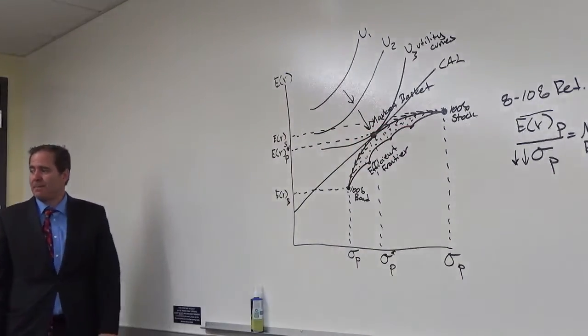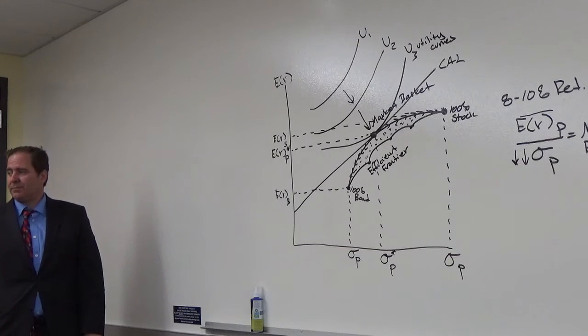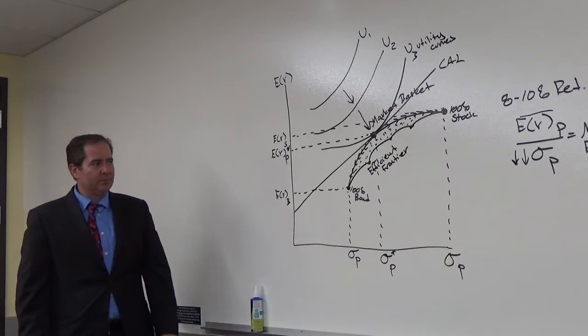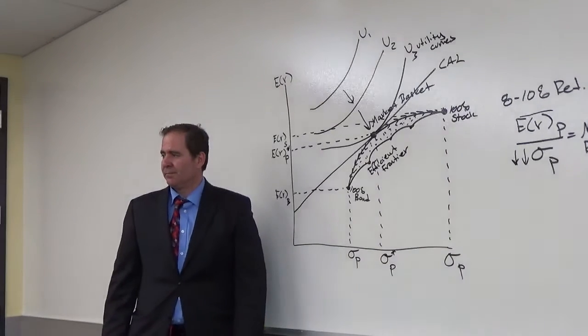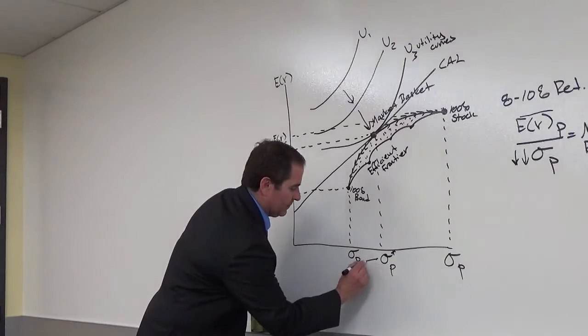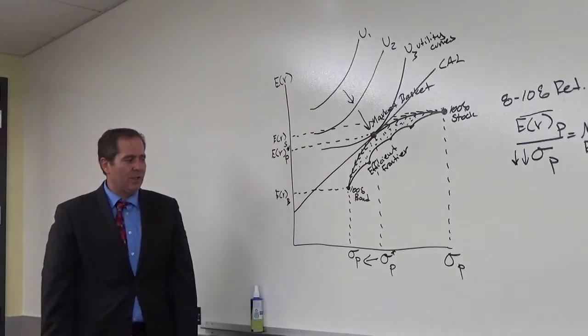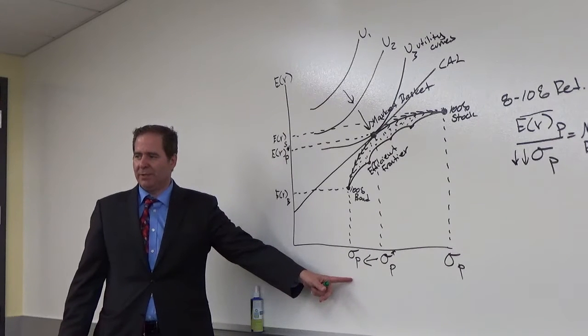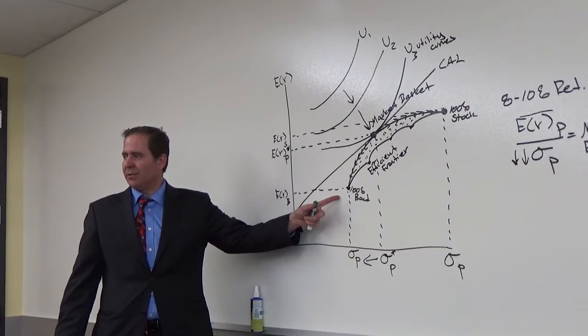Yes, sir. We are reducing that standard deviation by coming to the left. That's correct. And if we reduce the denominator, risk in the portfolio is being reduced, and I'm also getting a reduced rate of return.